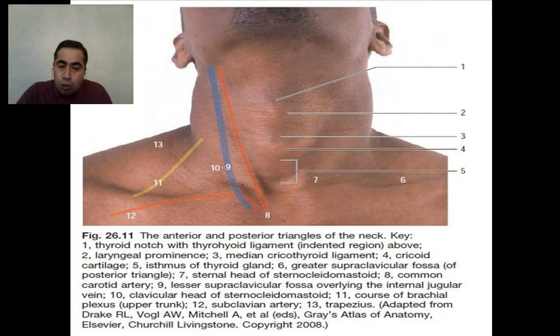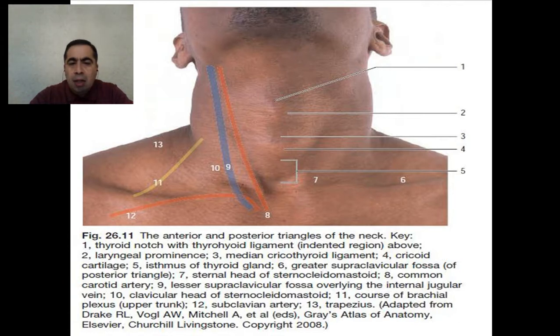And between these two heads, the medial and the lateral heads of the sternocleidomastoid muscle, is located the lesser supraclavicular fossa, overlying the internal jugular vein. This fossa, supraclavicularis minor, is visible in very thin persons.